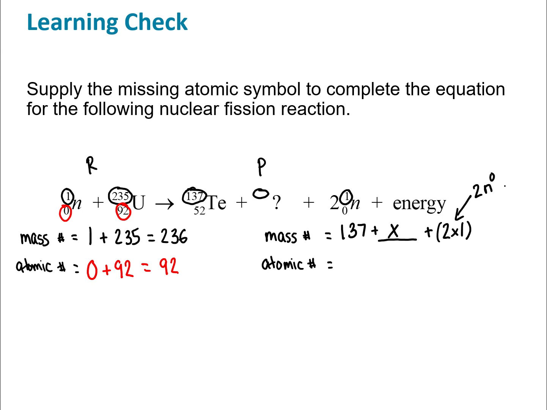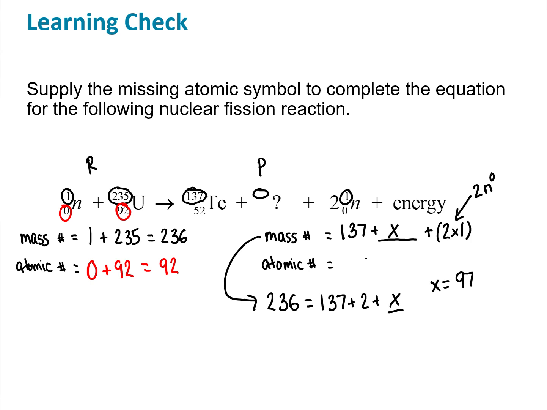So that's going to be 2, right? So if we rewrite that as an equation, we know that we have to have 236 because that's what our reactant side is equal to. That's what we have left. And you solve for X. And I'll tell you that X equals 97.